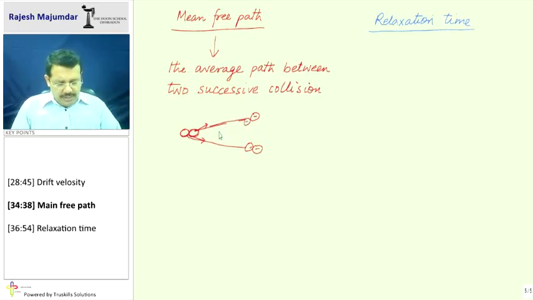So this path length, one collision happens here, other collision happens here. So the distance between this, the average distance between them, is called mean free path. And this is indicated by lambda.